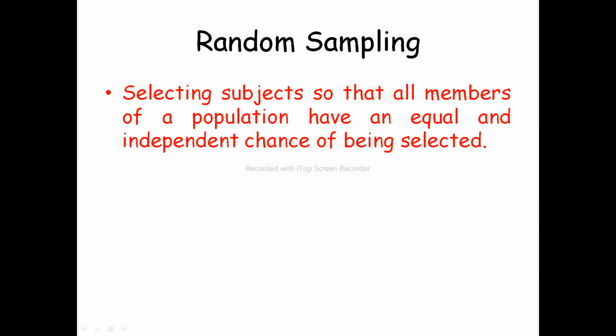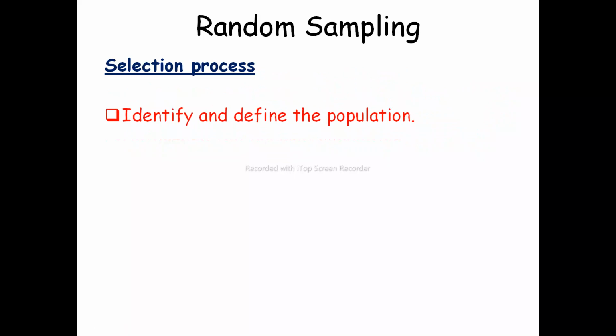Next, some notes. Random sampling means selecting subjects so that all members of the population have an equal and independent chance of being selected. Next, we'll check out the selection process. First of all, identify and define the population. Next, determine the desired sample size.